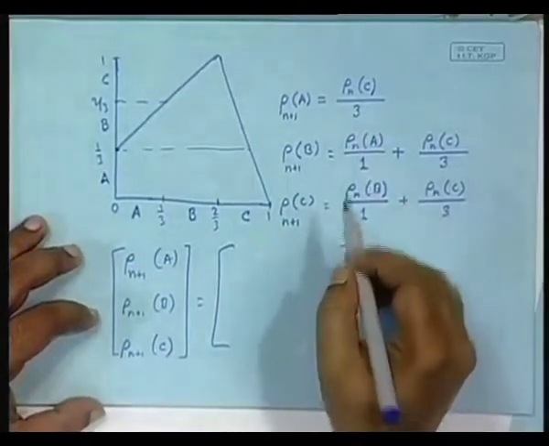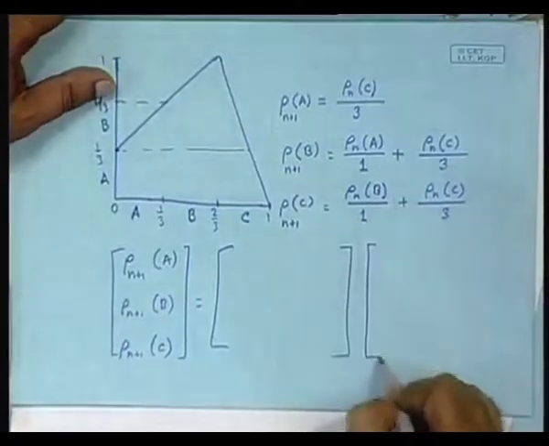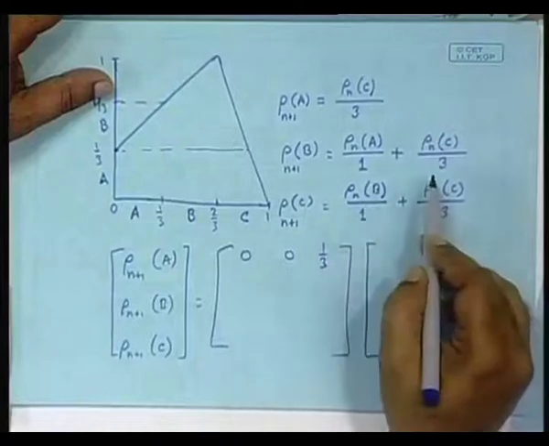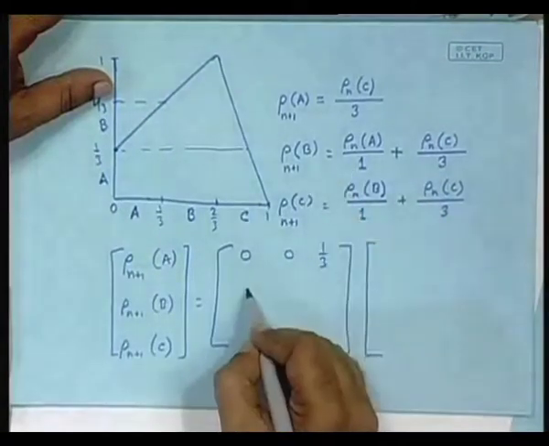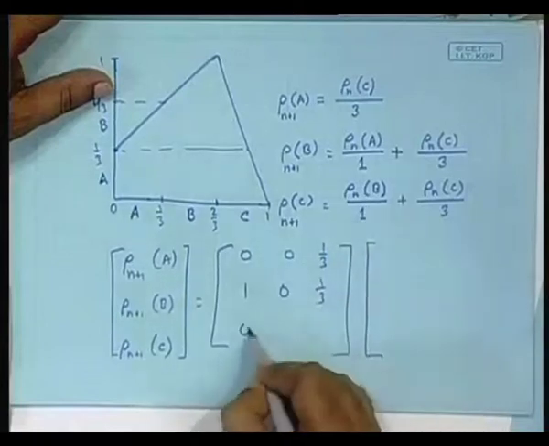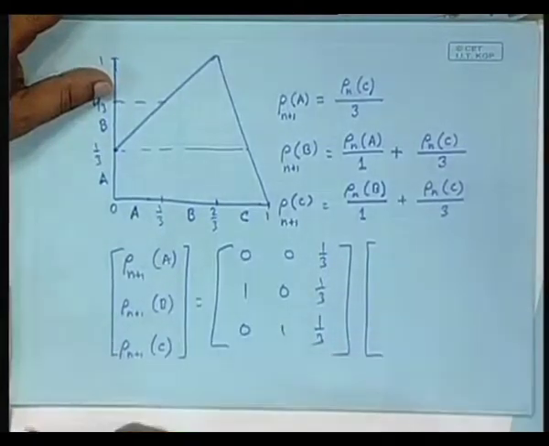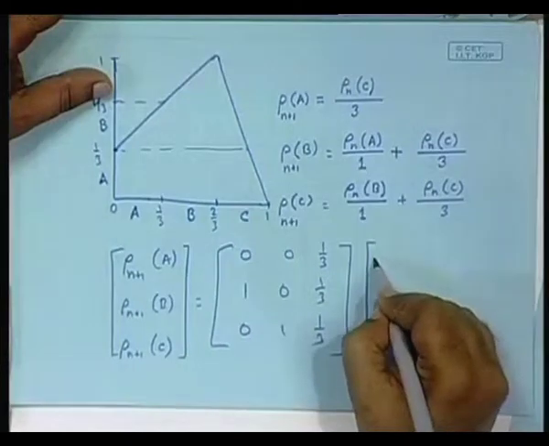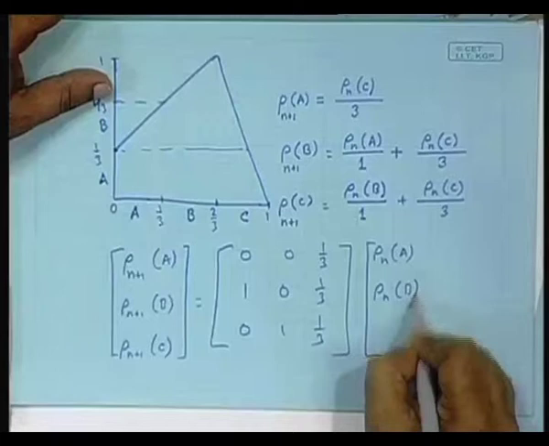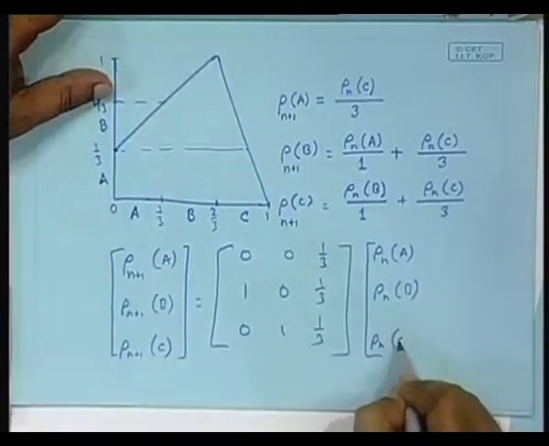This matrix is 0, 0, 1/3; 1, 0, 1/3; 0, 1, 1/3, times rho n of A, rho n of B, rho n of C.